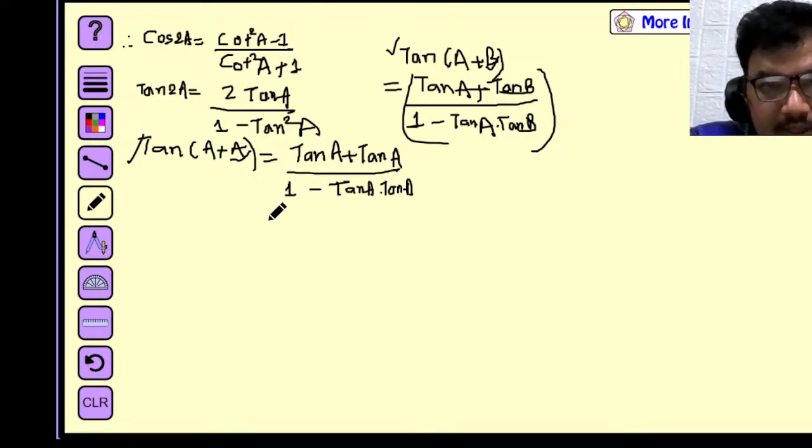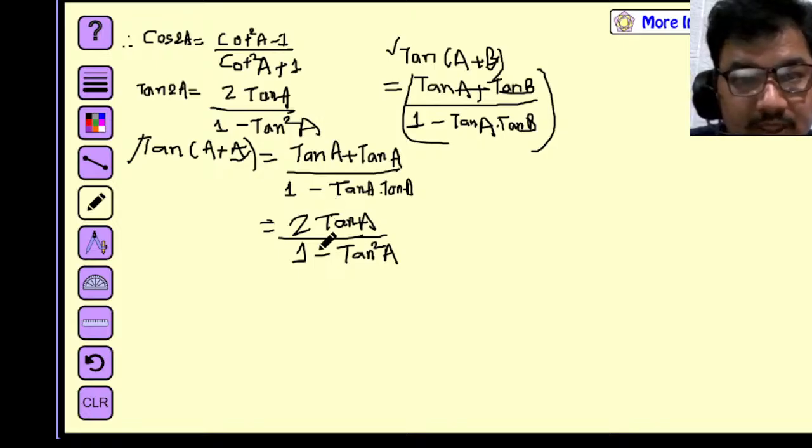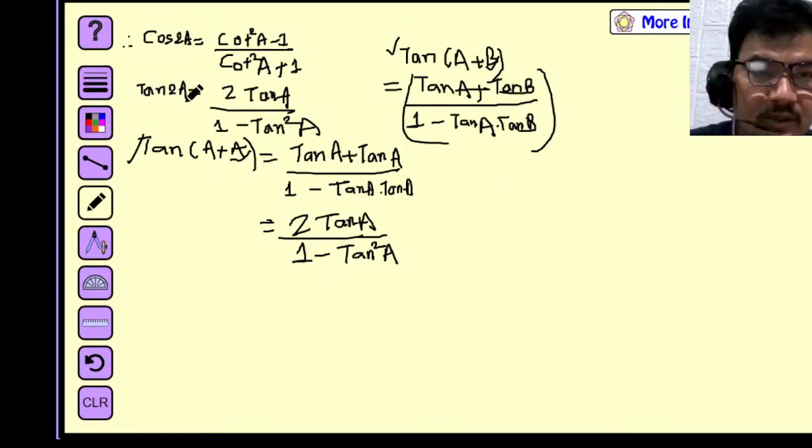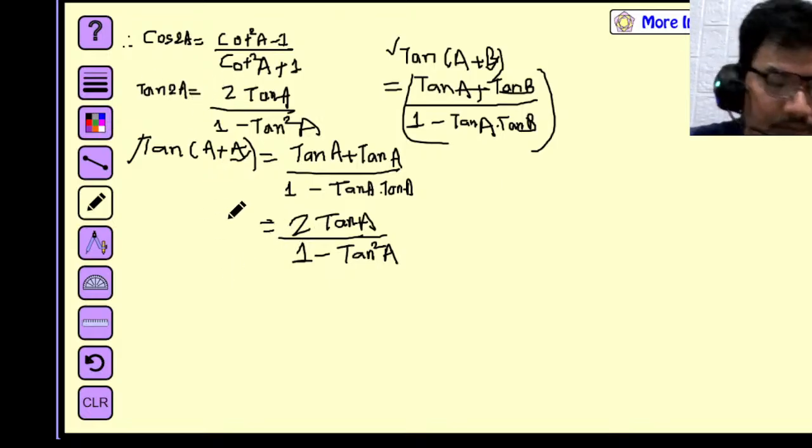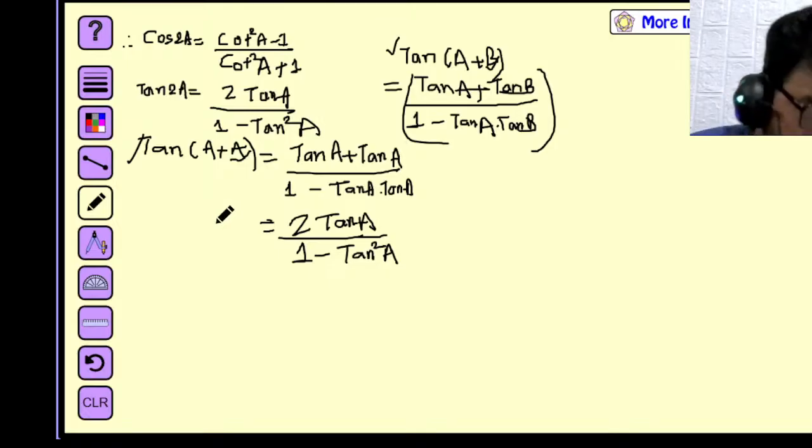Then the relation comes like this: equals 2 tan A, the numerator, and down there will come 1 minus tan square A. Tan A plus tan A is 2 tan A, and down it will be 1 minus tan square A. This is the relation, how it comes here, shown in place of tan A.